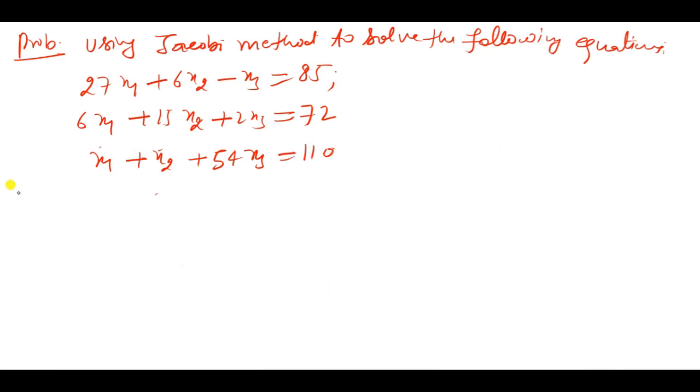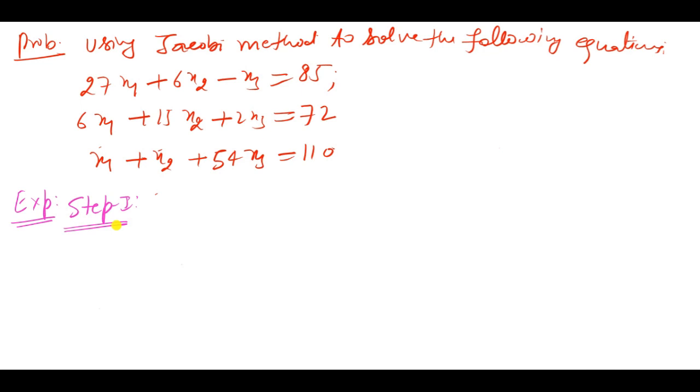So, explanation of this problem. In step 1, first of all we check whether the given system of linear equations is strictly diagonally dominant. If it is strictly diagonally dominant, then the Jacobi iteration method is applicable.